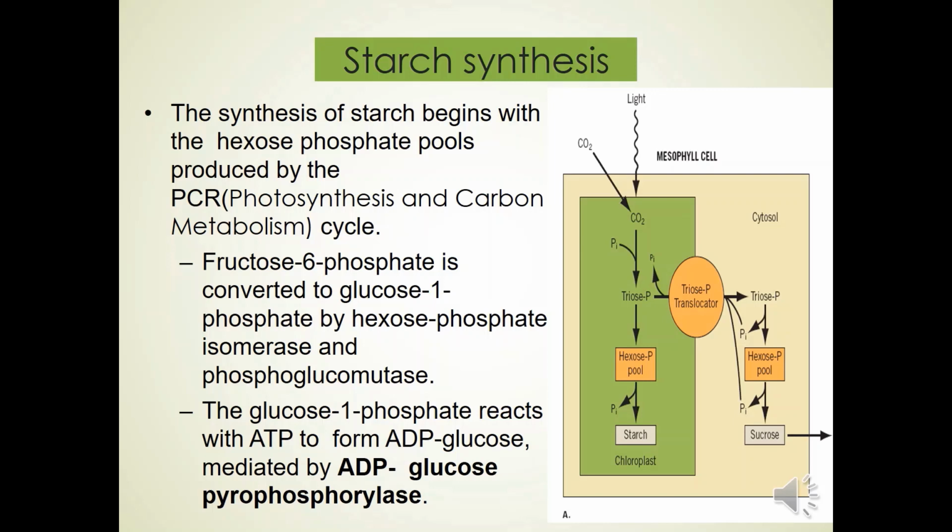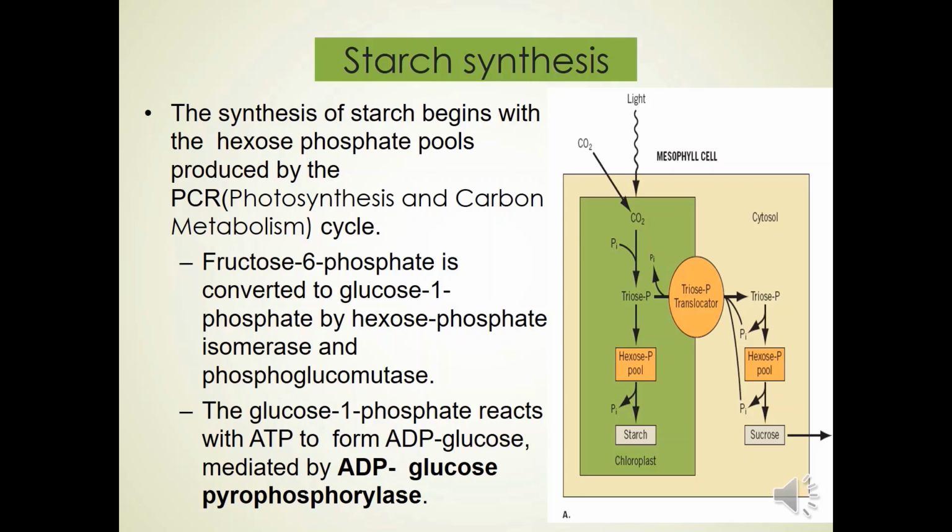When we look at the figure, you can see the process of the starch. You see first the green color, because now we look at starch synthesis, which, as I mentioned before, occurs in the chloroplast. And this part is regarding the mesophyll cell. Why mesophyll?